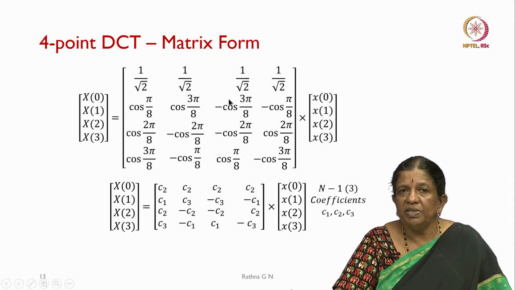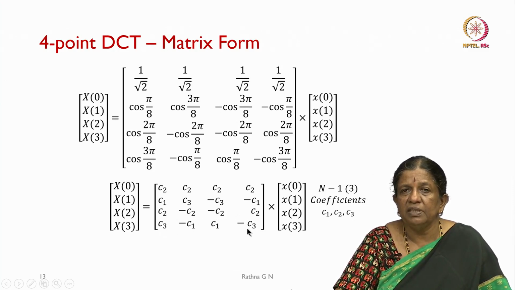Now, we can represent this as minus C3 and this as minus C1. The next row is going to be C2 coefficients, cos 2 pi by 8, then minus C2 and then C2. In the same way, the last row we can represent as C3, minus C1, C1 and then minus C3.